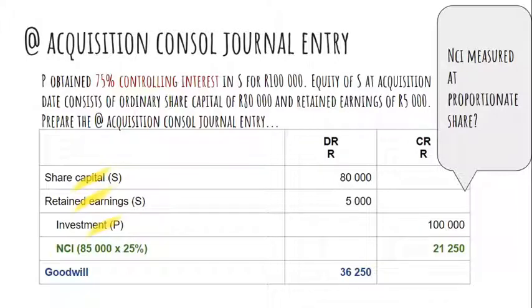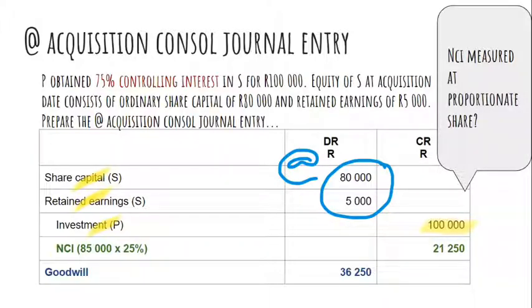This 80,000 Rand and 5,000 Rand at-acquisition equity is indicative of the value of the business and the net asset value of S at acquisition date. The parent was willing to pay 100,000 Rand for his 75% proportionate share of that 85,000 Rand.